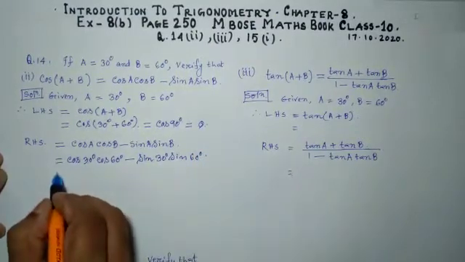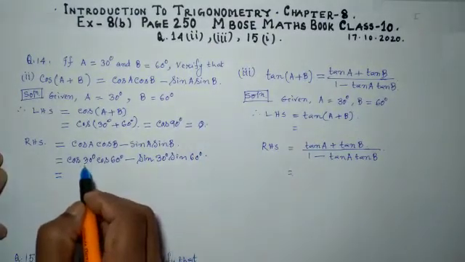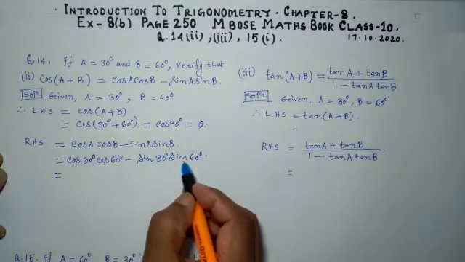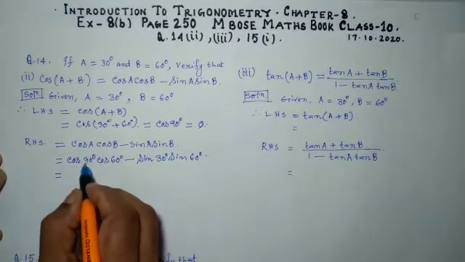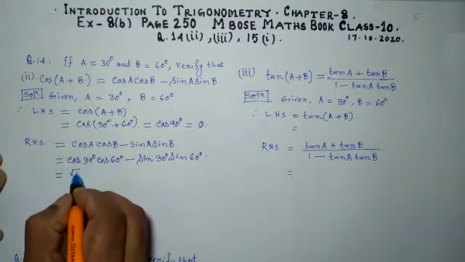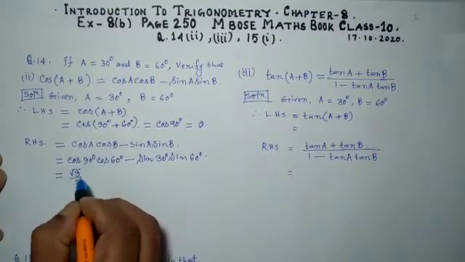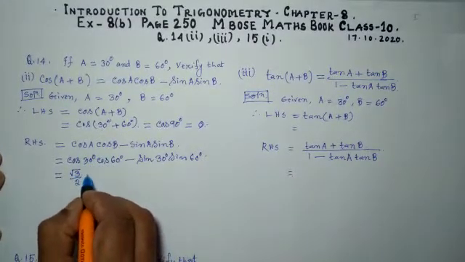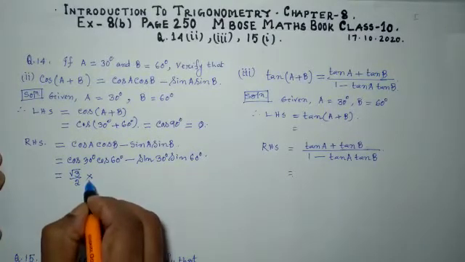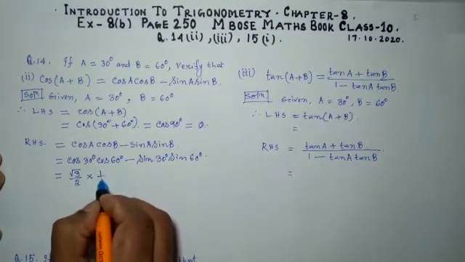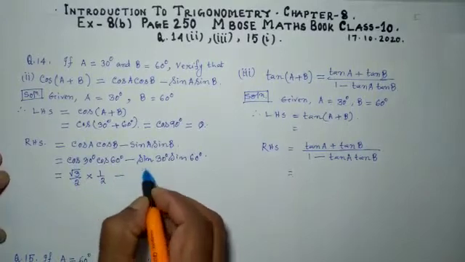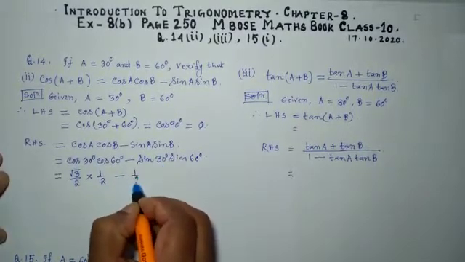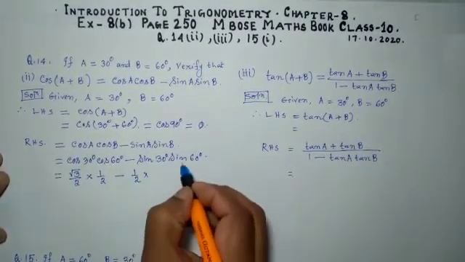The next work is to write the values of cos 30, cos 60, sin 30, sin 60 correctly. So what is the value of cos 30? It is root 3 by 2. Here is cos 30 into cos 60. So this is root 3 by 2, we have to give here into. Cos 60 is 1 by 2 minus sin 30 is 1 by 2, write the value, into here is sin 60 is root 3 by 2.